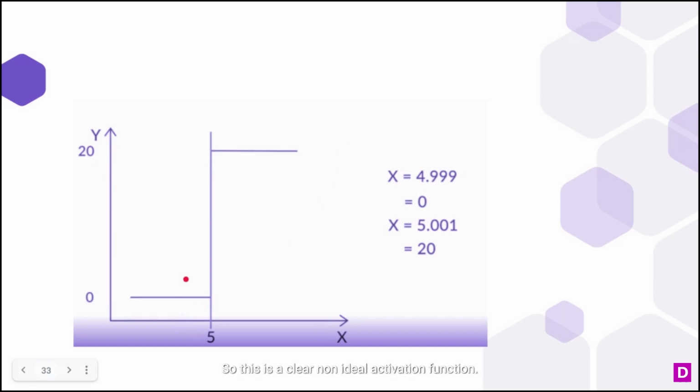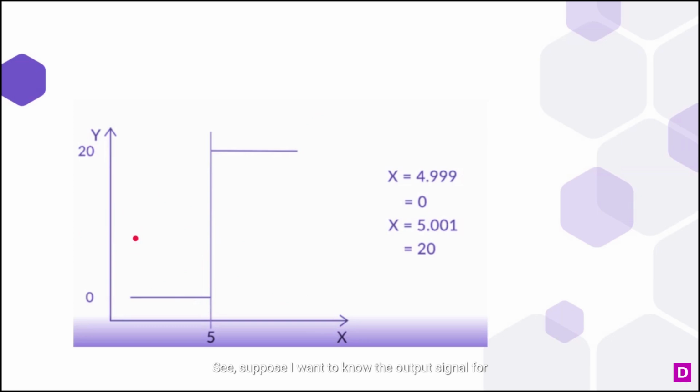So this is a clearly non-ideal activation function. Generally we don't expect any activation function to behave in this manner. It should be very smooth. In other words, for a considerable amount of change in input, there should be a considerable amount of change in the output as well. They should go hand in hand instead of abrupt changes.